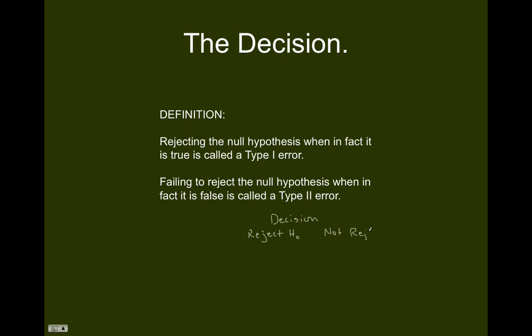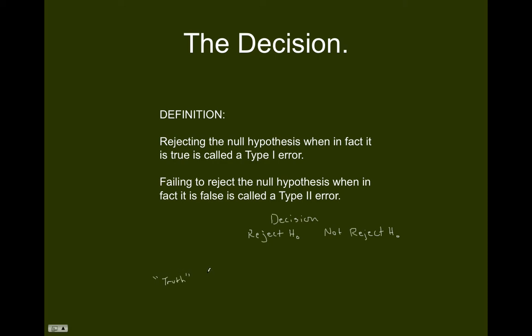So the issue is, since we're not able to look at the whole population, we're going to have to make a decision based on a sample. So we're either going to reject the null or we're not going to reject the null based on that data. But the problem is, since we don't have the whole population, turns out there's also a truth involved.